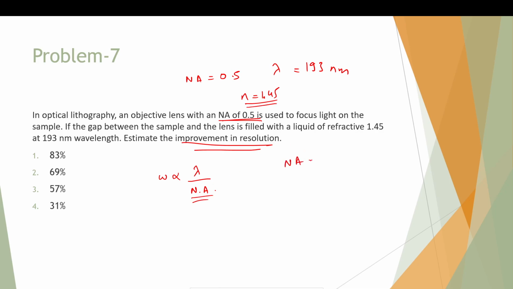Na is nothing but n sine theta. So W new upon W old will be nothing but, right, if everything else remains the same.